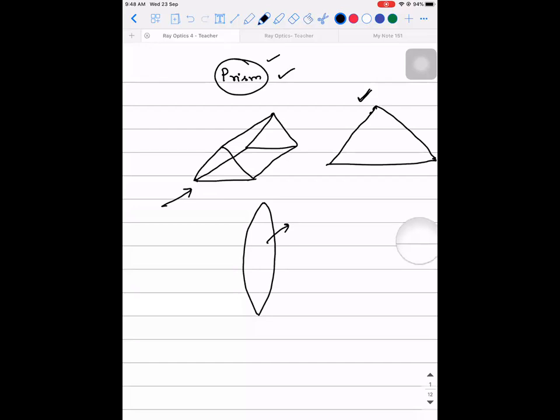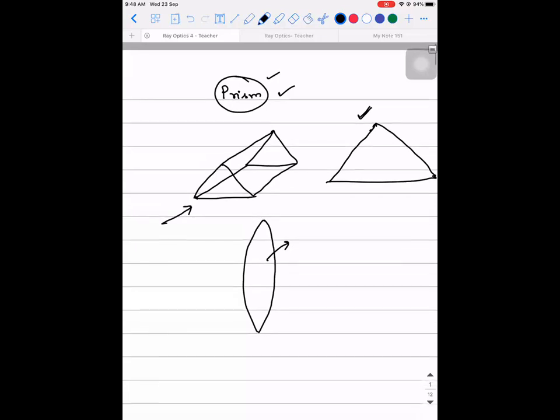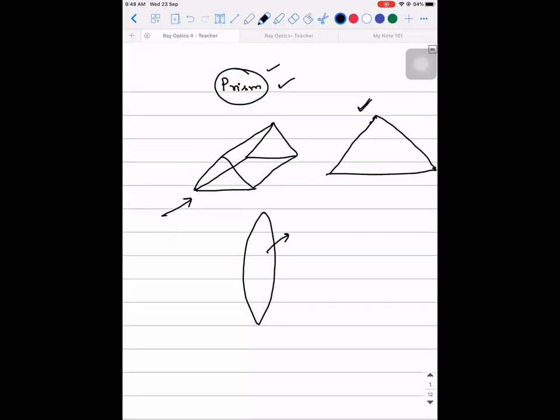A lens is a refracting material where at least one of the refracting surfaces is spherical, or I can call it curved. That curved surface, we are calling spherical. I'm using the words at least one because we have the concept of plano-convex and plano-concave also, where one of the surfaces is flat.